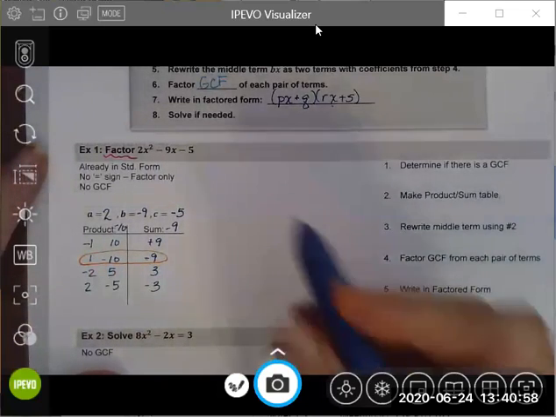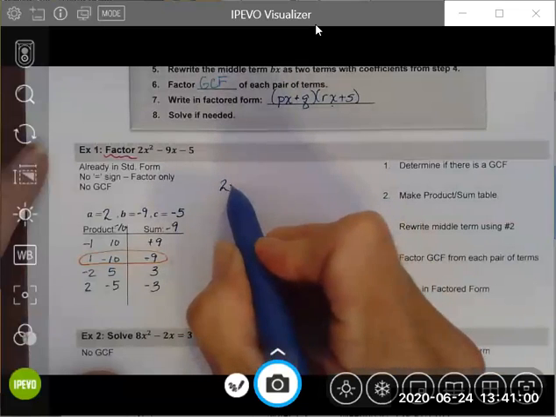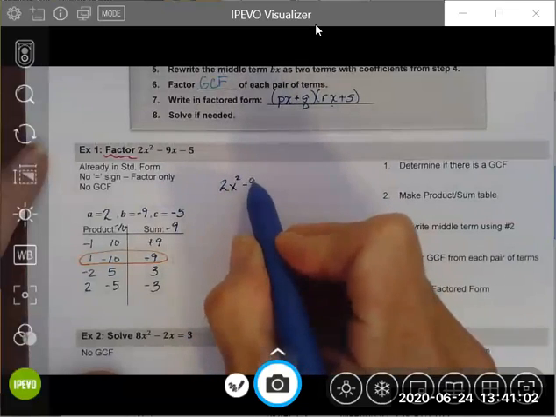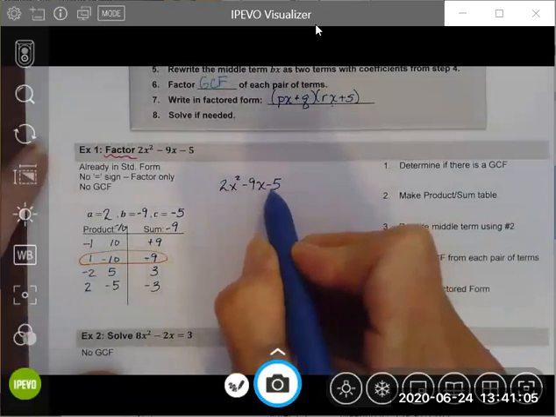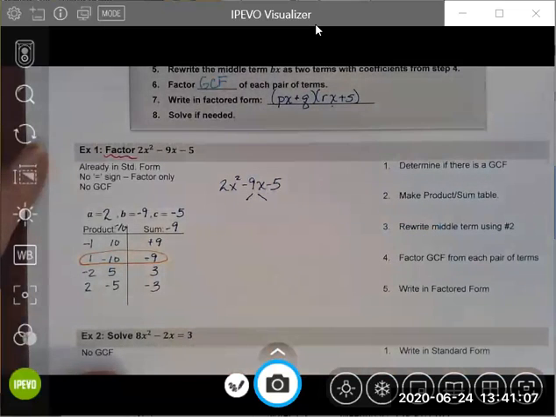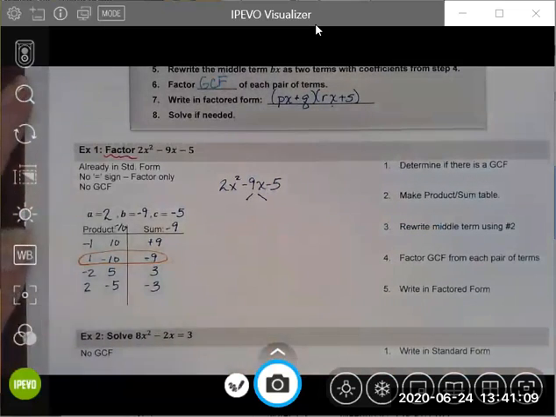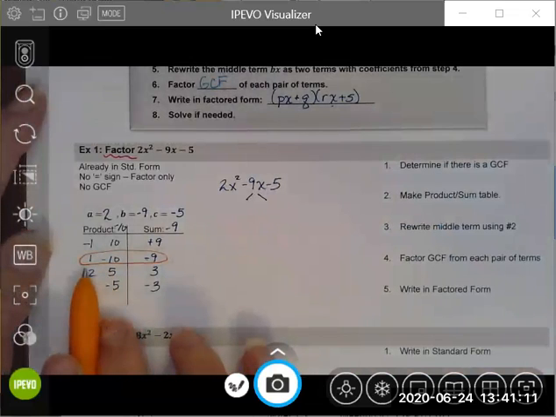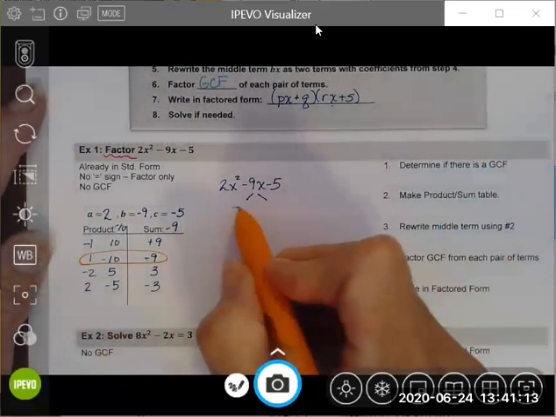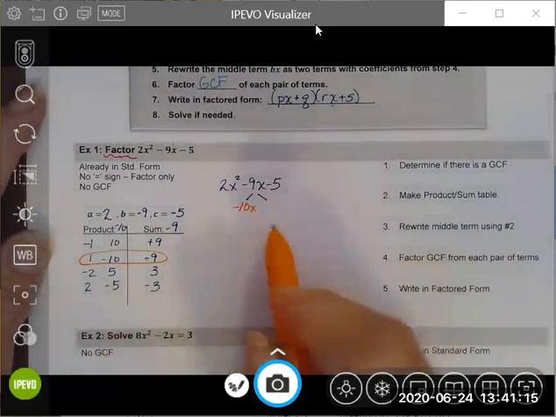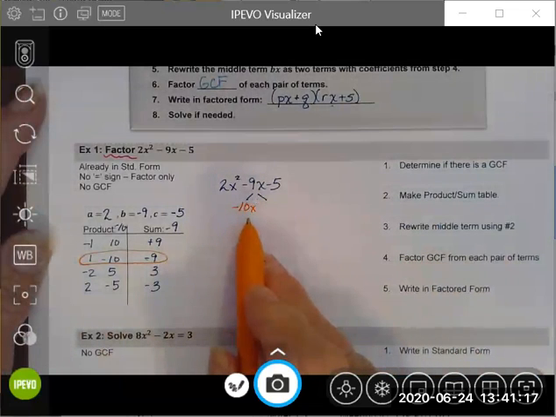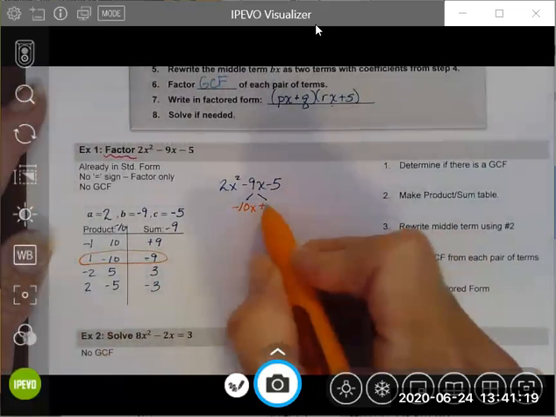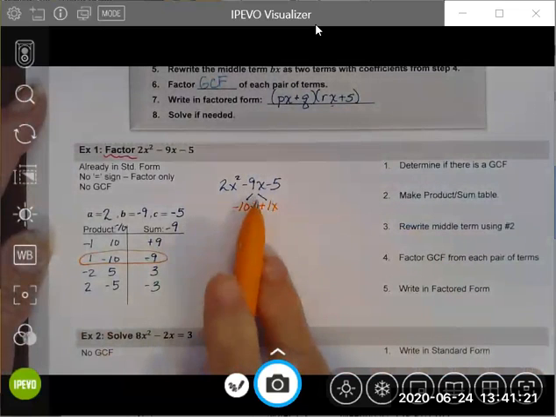What I do next is I like to just write the quadratic I was given over here so that I can work with it. I'm going to split that middle term up into two pieces using my -10 and my +1. And I'm trying to create -9x, so I'm going to throw an x behind here because that's how I create -9x.